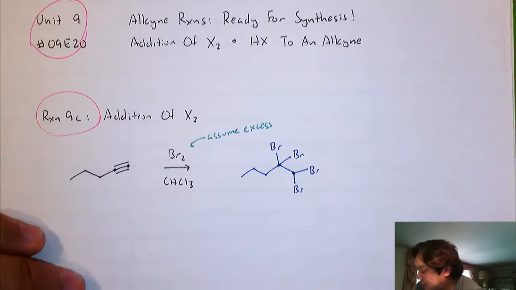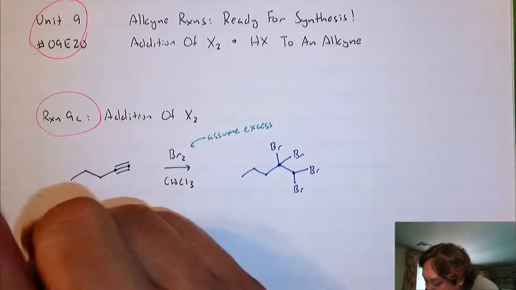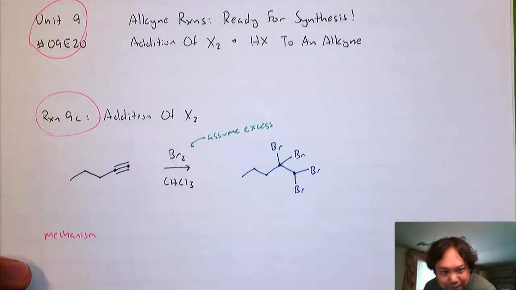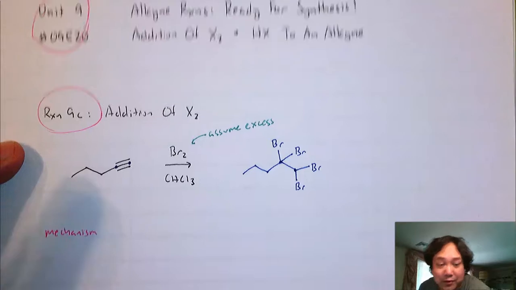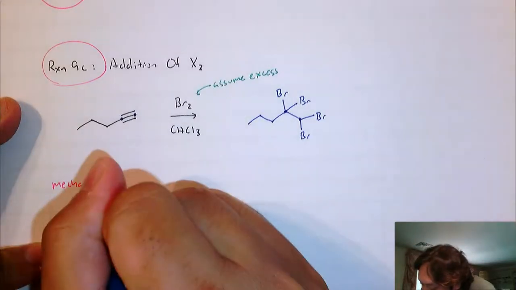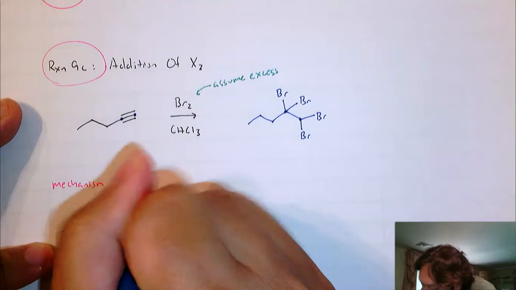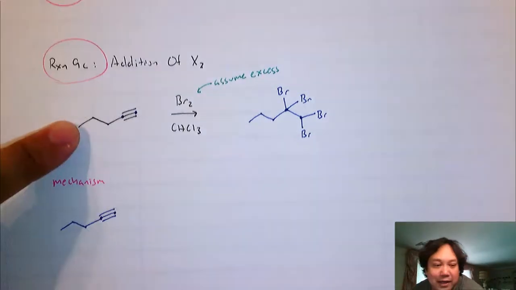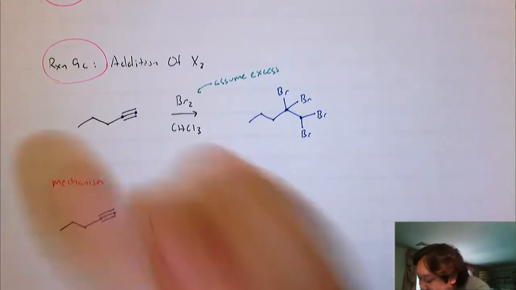Let me show you the mechanism, and this is going to look very familiar, but also a little surprising that this actually works. We have the alkyne, and I'm going to try to stay consistent and draw it linearly. This happens to be an internal alkyne or a terminal alkyne. It really doesn't matter.